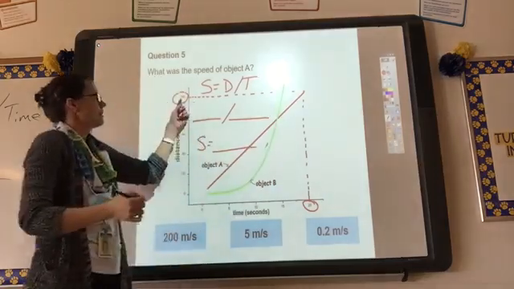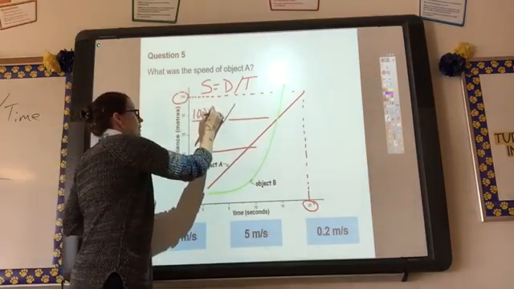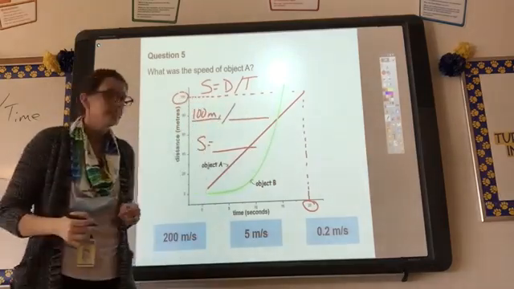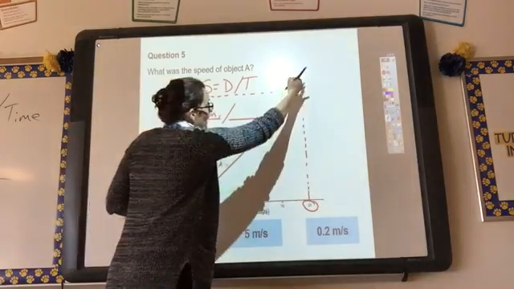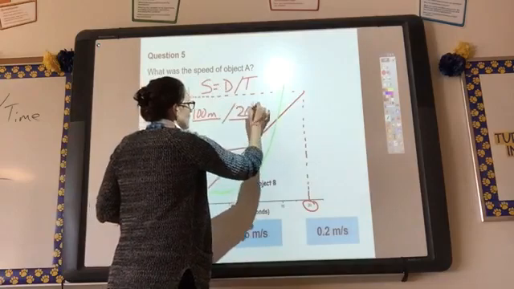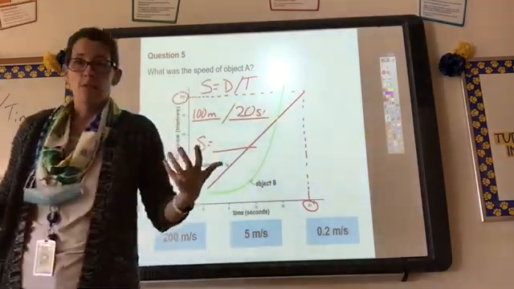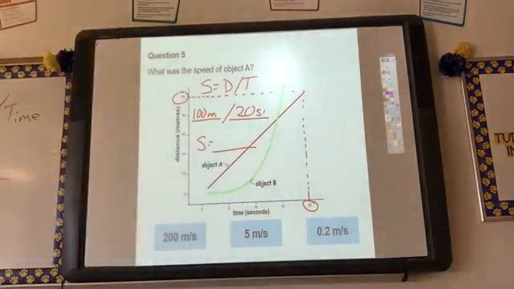So our distance, we followed it across, is 100 m for meter. Our time, we follow this line straight down, is 20 s for seconds, okay? Let's do some math on that. And like I said, make sure you use that calculator. 100 divided by 20 is 5.